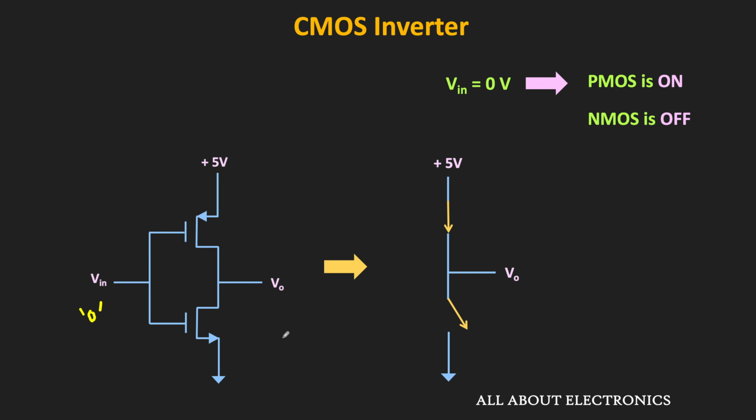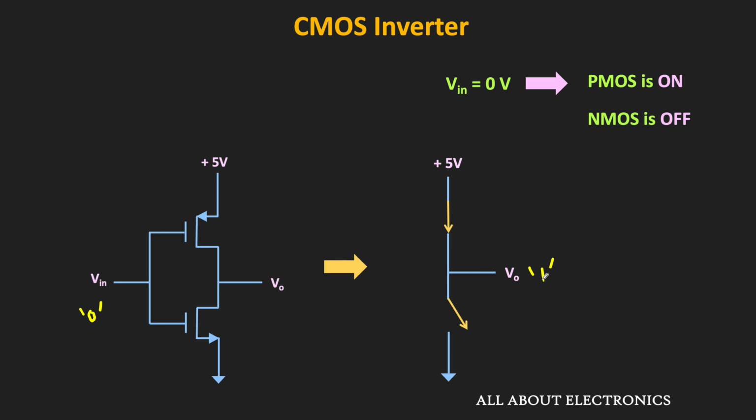That means whenever the input to this CMOS inverter is equal to logic 0, then the PMOS will be in the on condition while the NMOS will be in the off condition. And because of that, this output will get connected to the supply voltage. Moreover, since the PMOS passes a strong logic 1, so the output will be very close to the supply voltage. That means whenever this Vin is equal to logic 0, then the output is equal to logic 1.